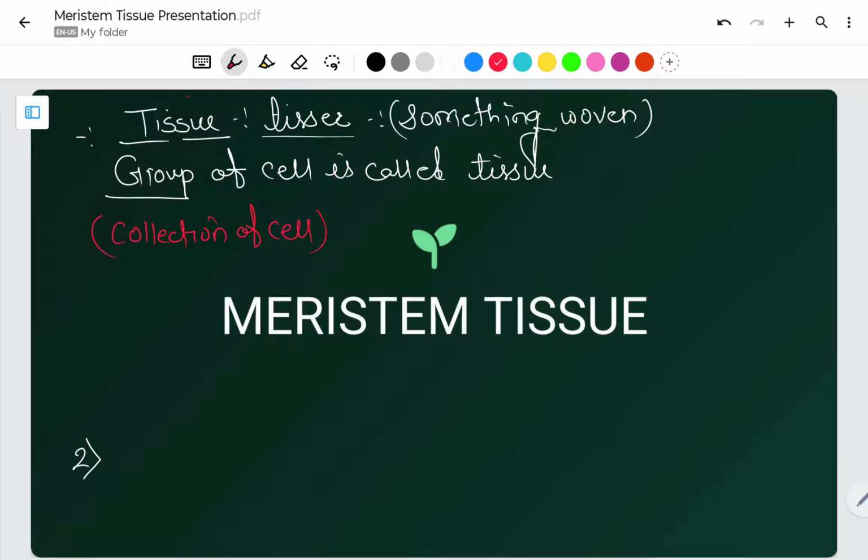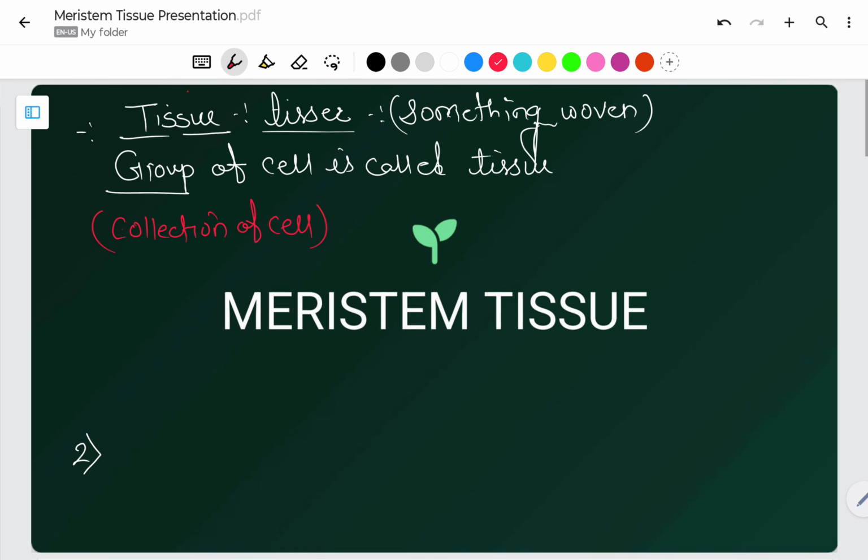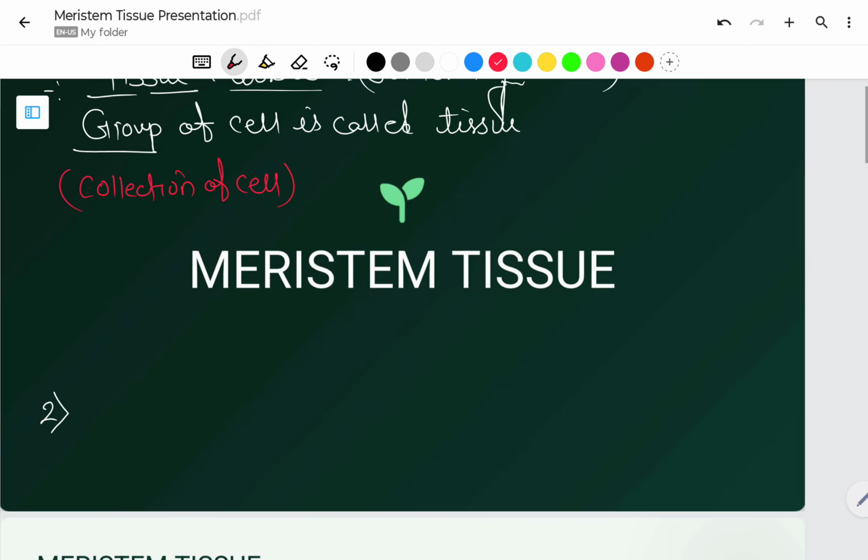Tissue generally occurs in plants as well as animals. In a tissue, a number of cells gather to perform a specific function. Tissue is basically of two types.